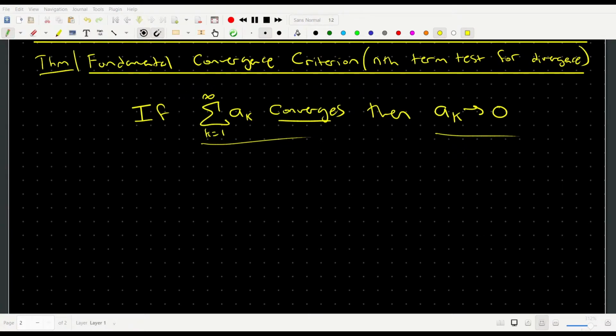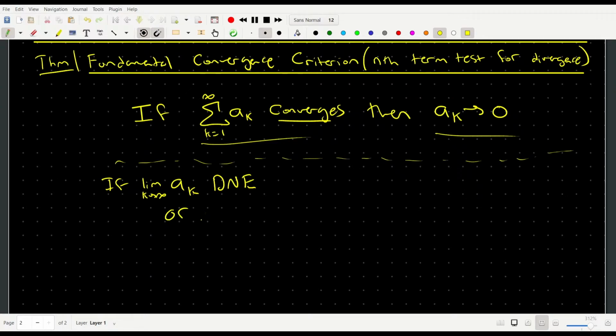An entirely equivalent way of stating this theorem is saying that if the limit as k goes to infinity of the AKs either does not exist or is non-zero, then the infinite series of the AKs diverges.